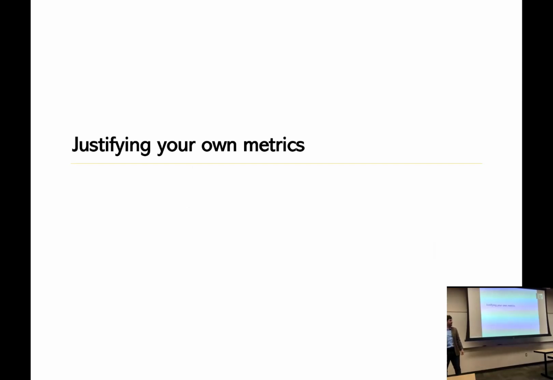So, justifying your own metrics. This one is really quite important because we see this a lot in other disciplines, and I think it becomes really important in computer science, especially when you get into more applied work. One thing I found with running a company is the traditional machine learning metrics.